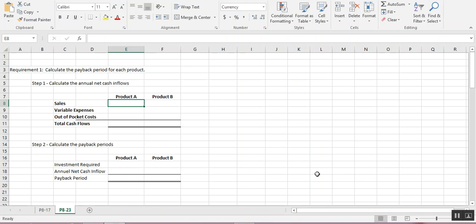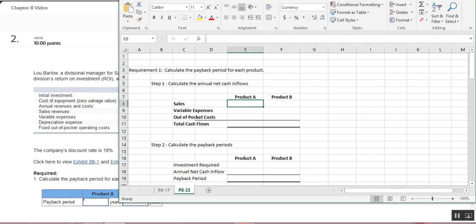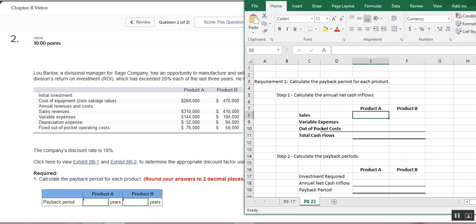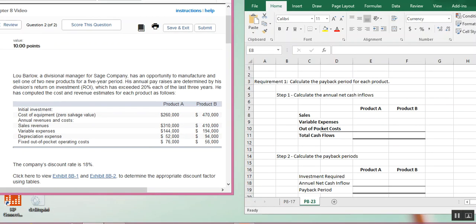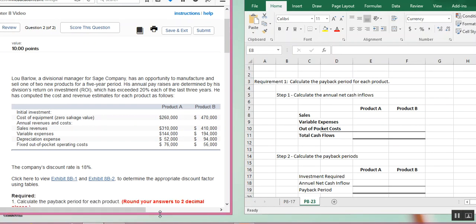I'm going to have to minimize here so we can see them both at the same time.